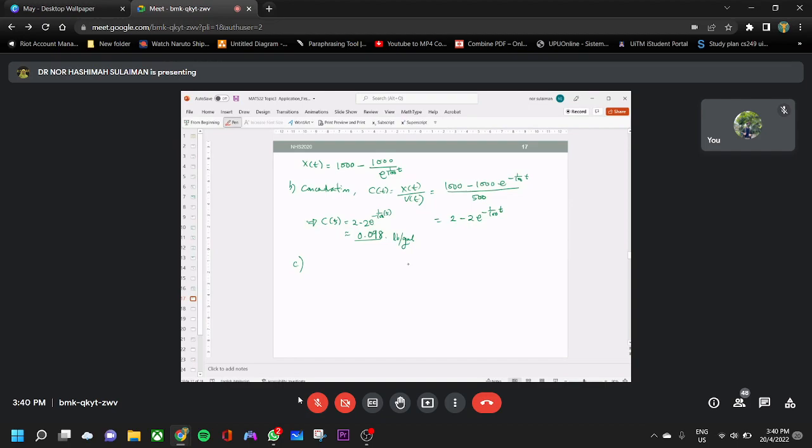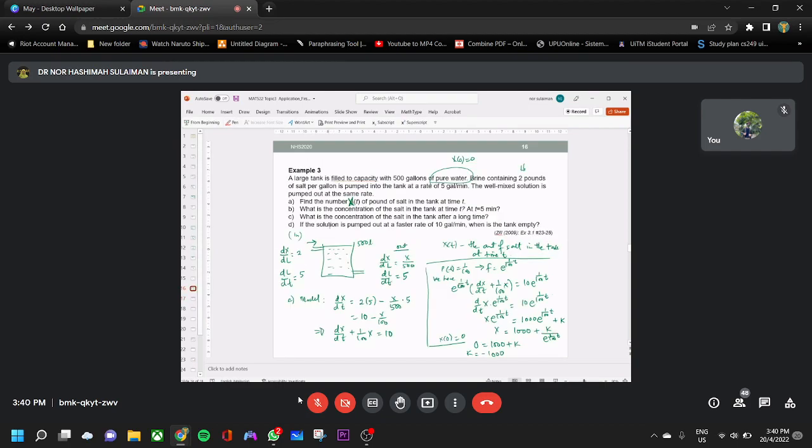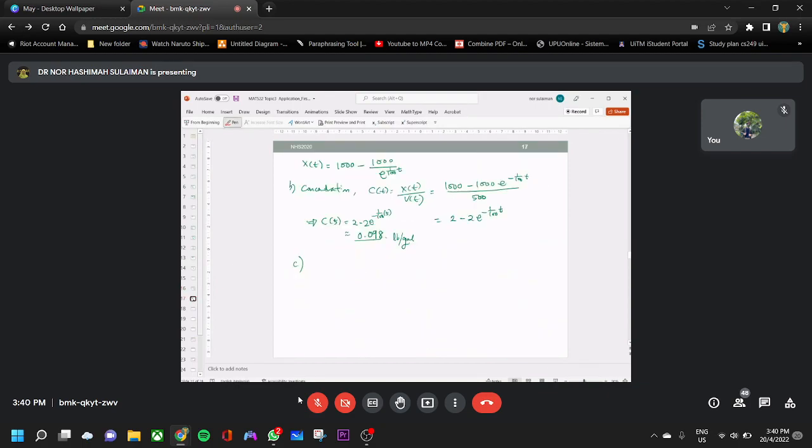Gallon. Okay. C apa soalan C tadi? Concentration of the salt after a long time. Limit of the concentration after a long time T goes to infinity.